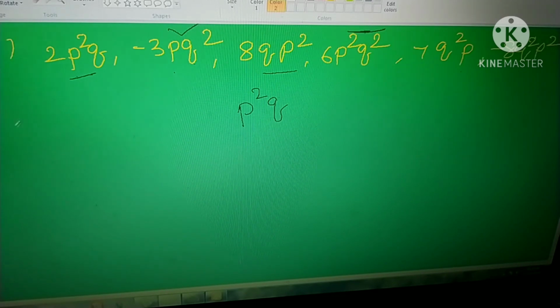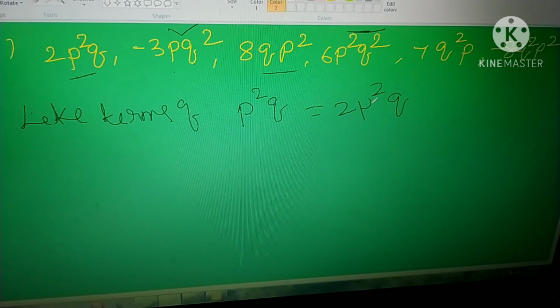So observe all the terms first, and then write down like terms of p square q is equal to, write down that one, 2 p square q. After that this will not come. So next one is 8q p square. So leave that numerical part. Only you have to observe literals only, variables only, while writing like terms.